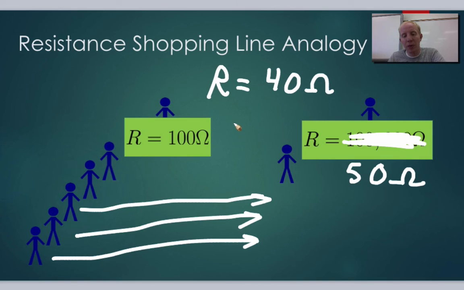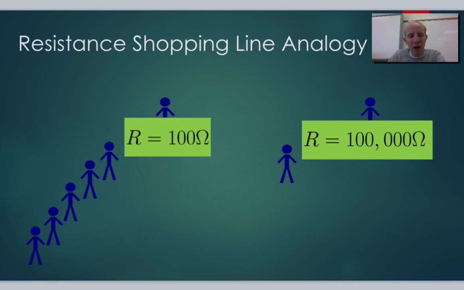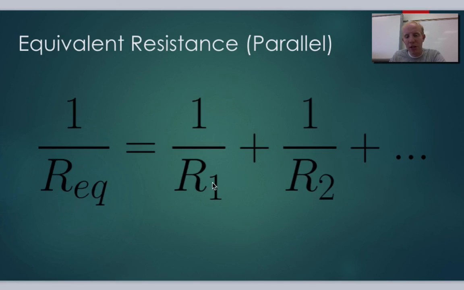Adding up multiple pathways in parallel allows the electrons more options, so the total resistance is always going to be smaller, okay? That's why we have to use this equation, right, where they get smaller instead of bigger when we do equivalent resistance, okay? That's where it comes from, okay? All right, so just remember those two equations.